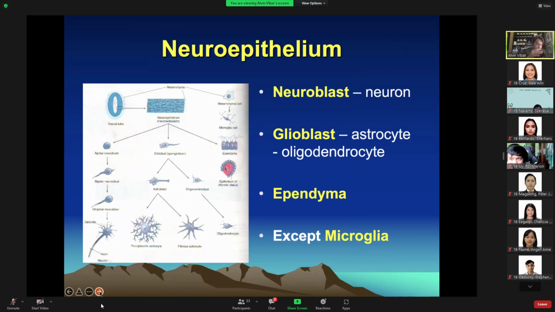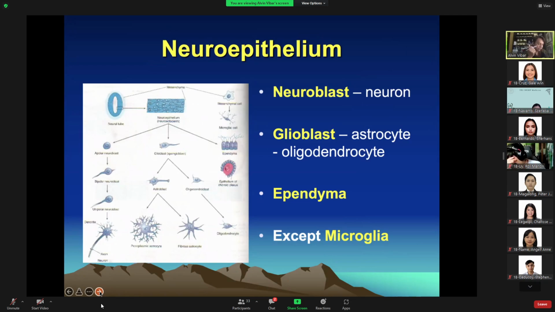But once lumabas siya sa circulation, iba-iba na pangalan niya, depende kung saan siya nakalagay, nakatira. Ano nga tawag sa phagocytic cells ng liver? Copper po. Kupffer cells. Very good.